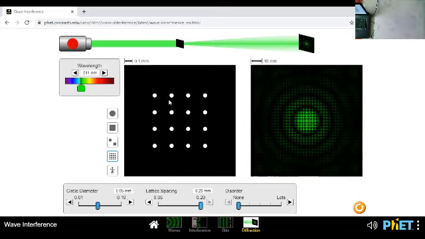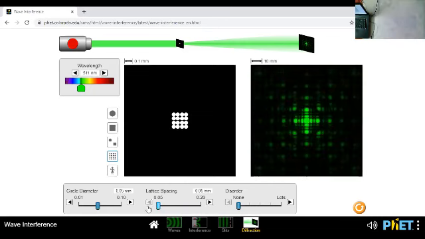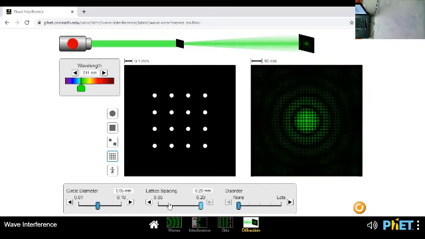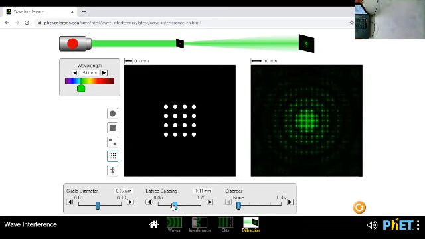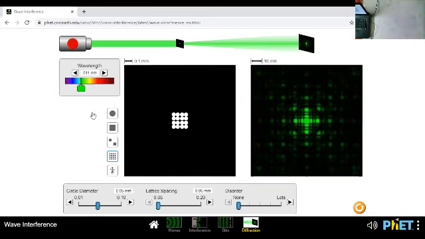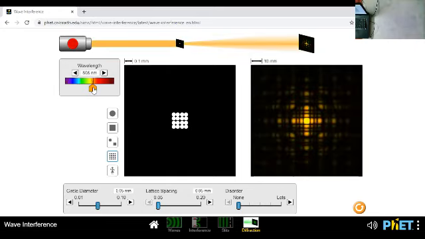I mean, when the distance between the obstacles is very small, the pattern will be big, and when the distance is very high, the pattern is small. Opposite. This is called diffraction. Diffraction will be different for different wavelengths; it mainly depends upon the wavelength. You can check.